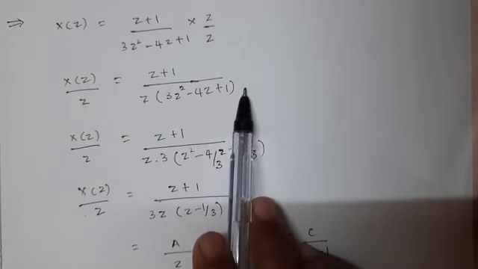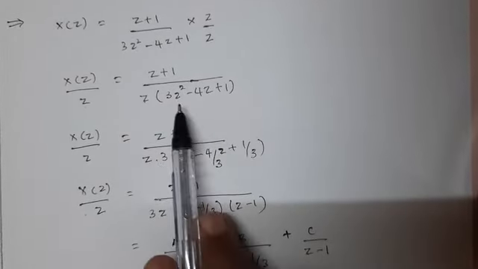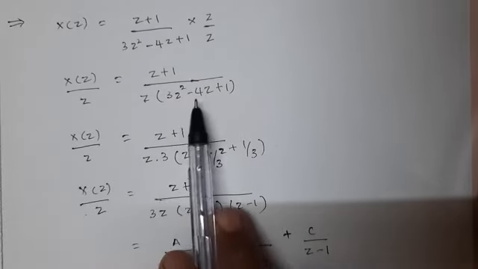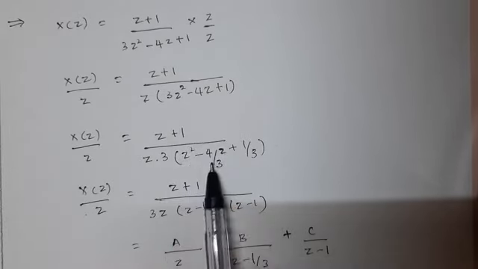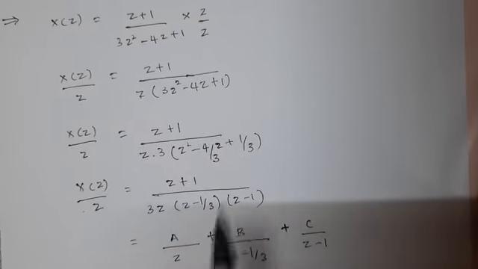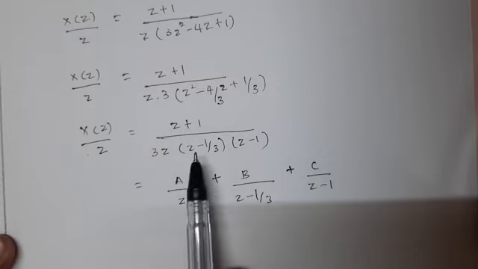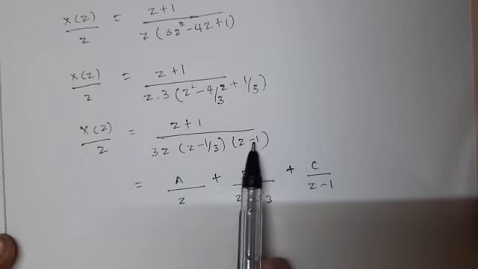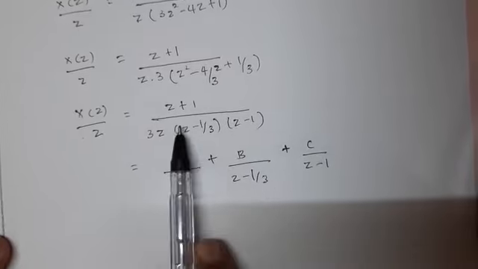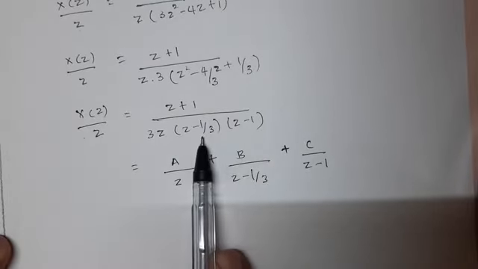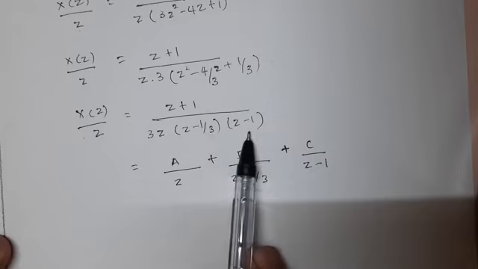When you multiply by 3, that 3 I have taken here, and when you divide the equation by 3, 3z square by 3 gives me z square minus 4 by 3z plus 1 by 3. That comes out to be z plus 1 divided by 3z, z minus 1 by 3, z minus 1, and I have decomposed this equation, as in the previous example, z minus 1 by 3, z minus 1.